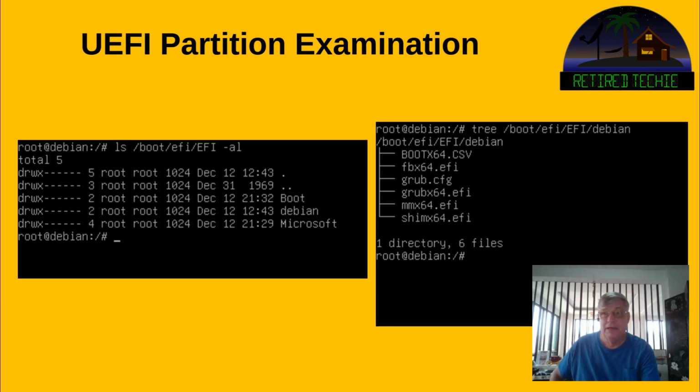shimx64.efi. Shim is a little plug-in program that does one thing and one thing alone. It allows secure boot. You can put whatever key signature you want in the shimx64. It'll open up an environment and then run the grubx64.efi bootloader. grubx64.efi will not work in secure boot, so that's why we need the shimx64 if you're using secure boot.